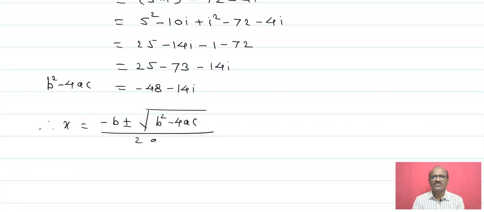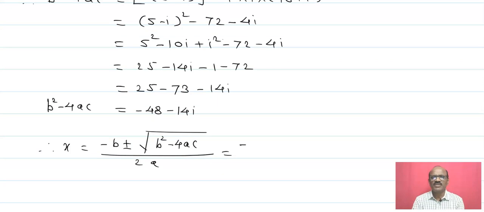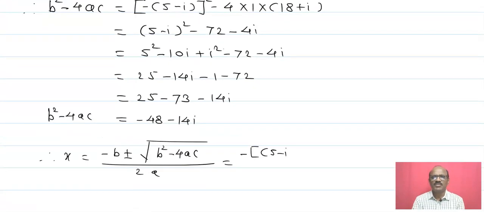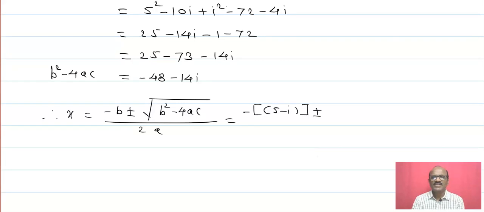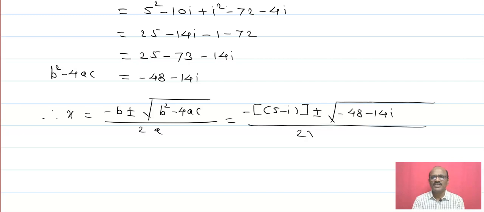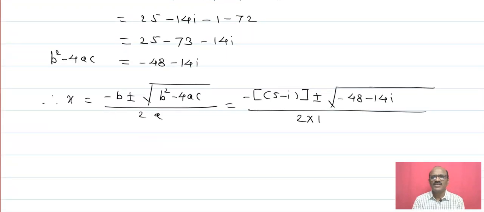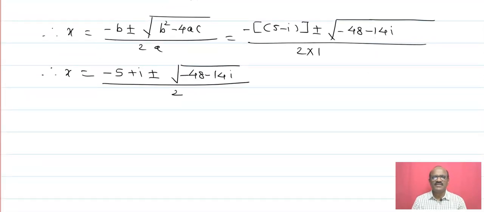Now see this, x is equal to minus b plus or minus root of b square minus 4ac upon 2a, that is minus (5 minus i) plus or minus root of b square minus 4ac, written directly as minus 48 minus 14i, divided by 2a, the value of a is 1. I forgot the minus sign of that b, therefore I will change it afterwards.